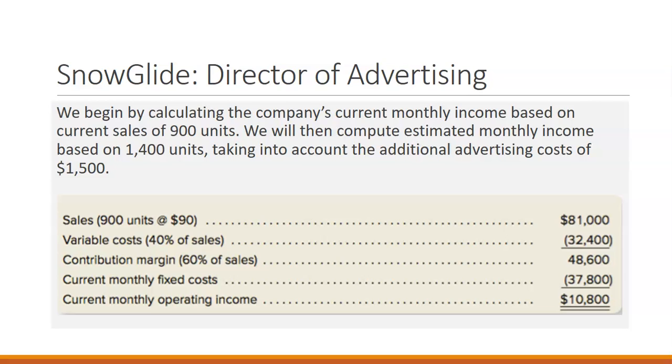So we have our current sales of 900 units at $90 per board. Then we have 40% of our costs that are variable, giving us a 60% contribution margin. We know our current monthly fixed costs are $37,800. So we have an estimated current monthly operating income of $10,800.